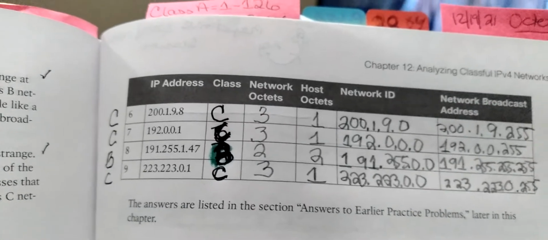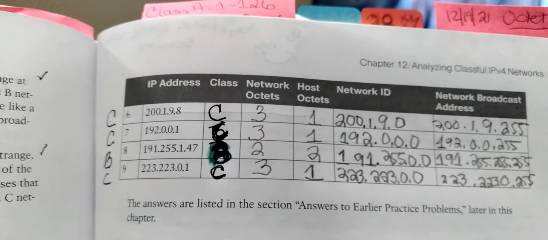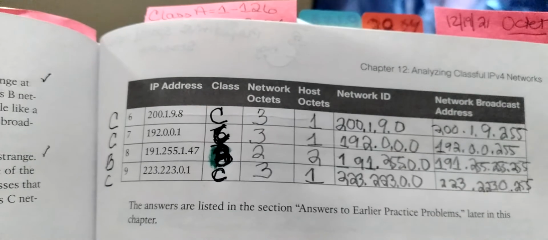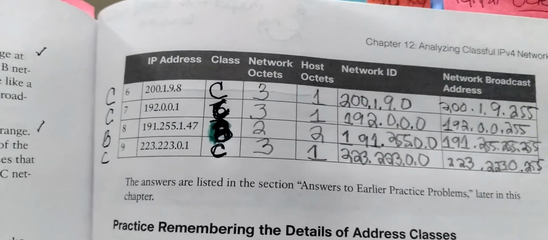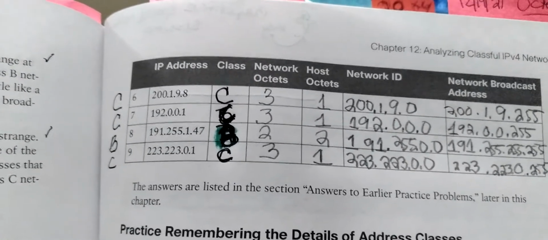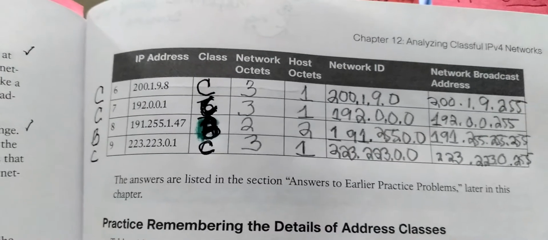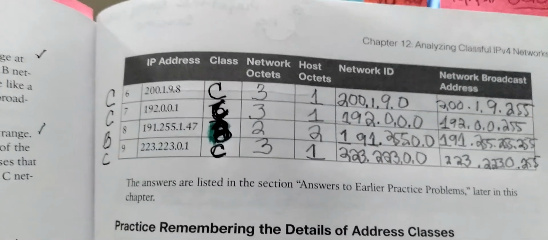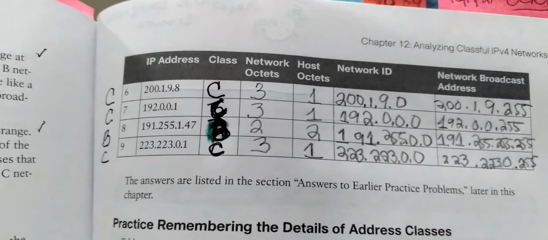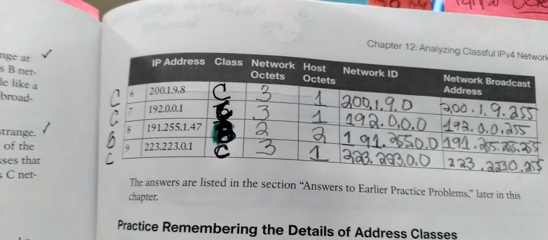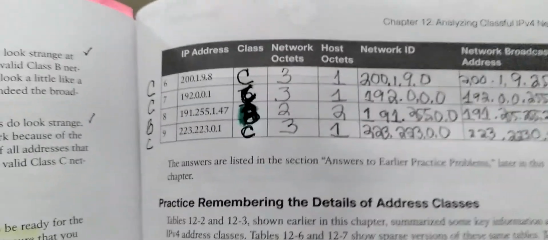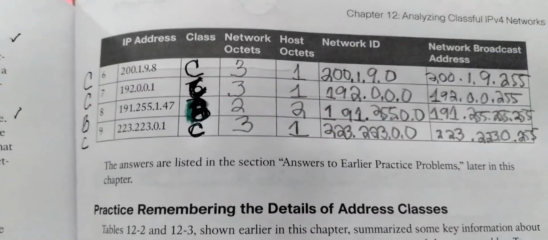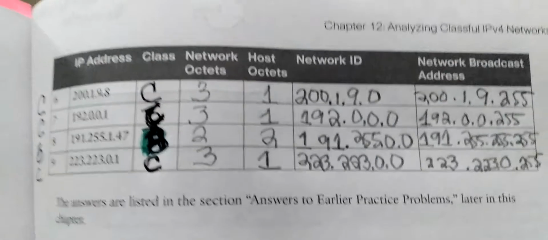Class C, 192 to 223. Class A address with 1 network and 3 host octets. Class B with 2 network and 2 host octets. And Class C with 3 network octets and 1 host octet.